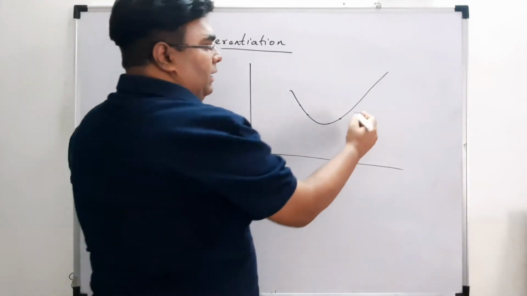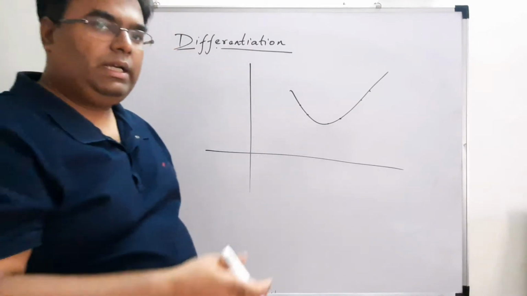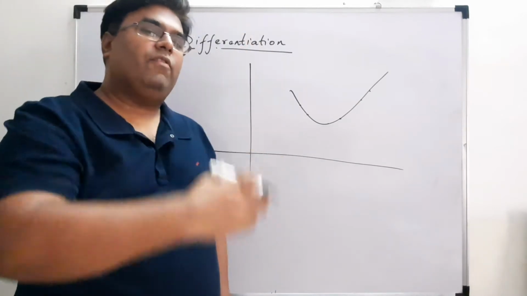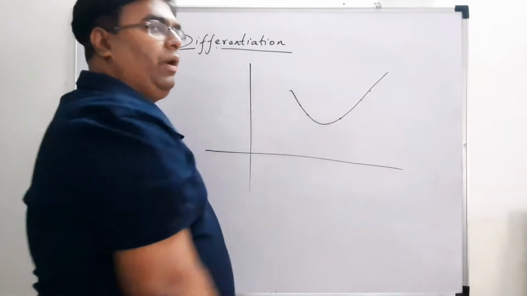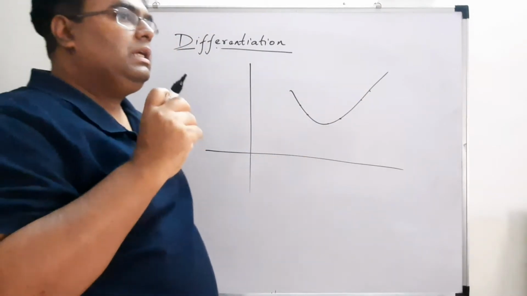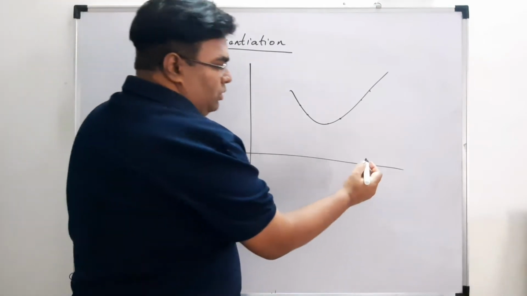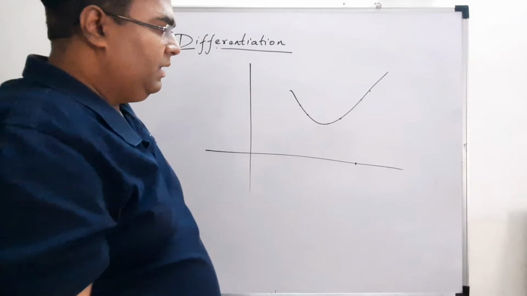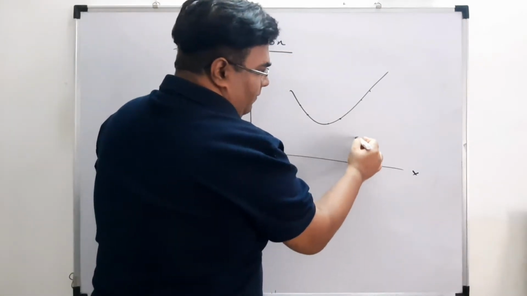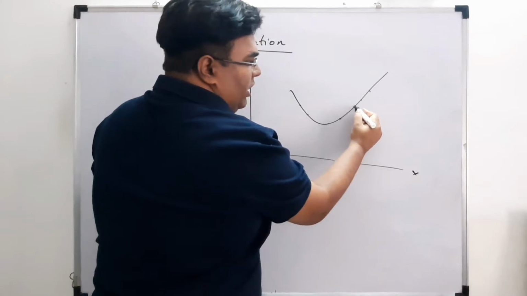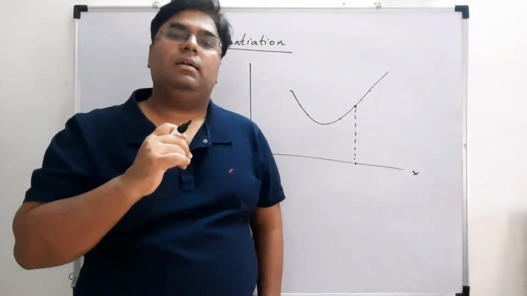And suppose at these two points the curve has started taking a sharp turn vertically. So there are changes at every point, and we are basically concerned about changes at a certain point. Suppose at this point, this is my x-axis. At this point, what are the changes associated with that curve? We are interested in that thing.